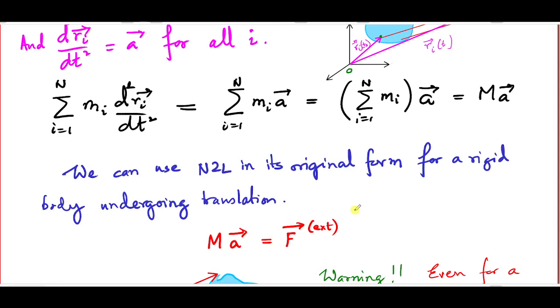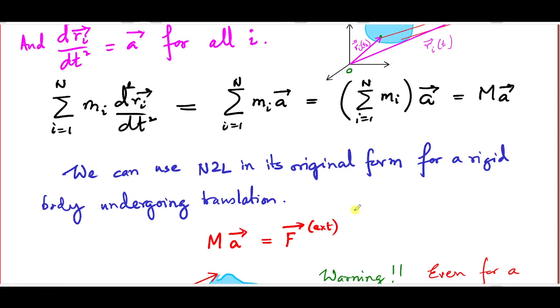Of course, when we were dealing with a point particle, all forces had to be external, so you did not bother saying external there. You just had mass times acceleration equal to the force acting on the point particle. Here, for a rigid body, once again let me emphasize, under translation, the total mass of the rigid body times the acceleration of the rigid body is equal to the net external force.